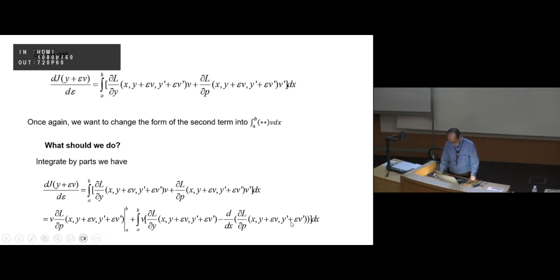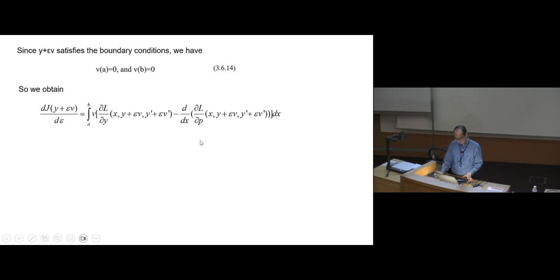Integration by parts. Okay, then let's look at the boundary conditions. We know y plus epsilon v is the candidate function. After the change, it should satisfy the boundary conditions. Because y of a satisfies the boundary conditions, this v of a should be 0, right?